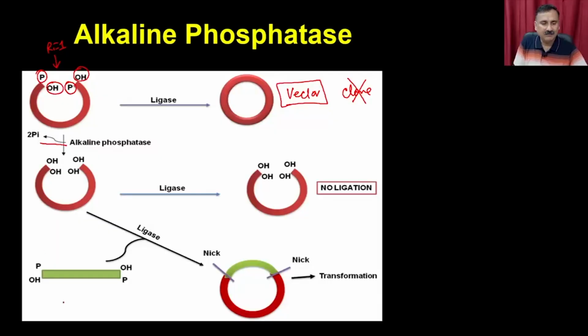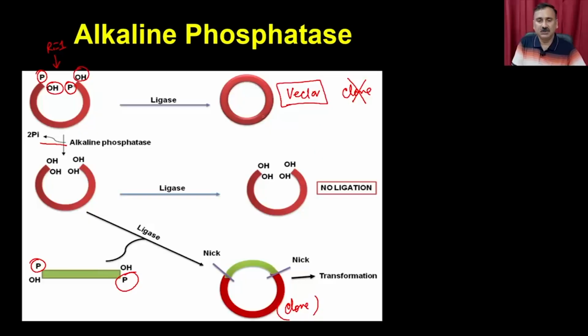Now if I add the insert, which contains a phosphate group, this phosphate group will go and sit to the hydroxyl group very nicely, and that's how you are going to have the two nicks on both the ends, and that's how you are going to get the clone. So alkaline phosphatase is always used to reduce the background of the self ligation. This is called self ligation, where you get the vector back.